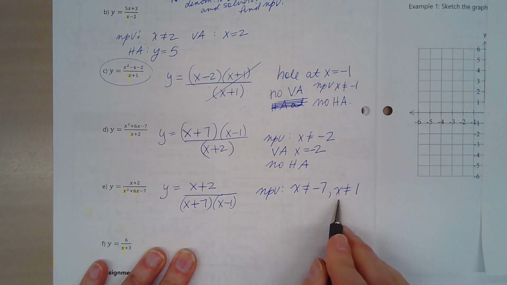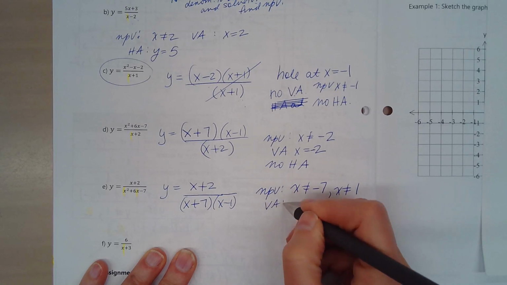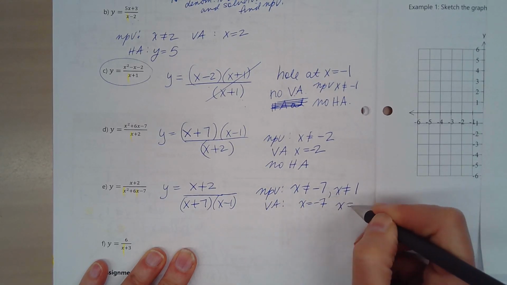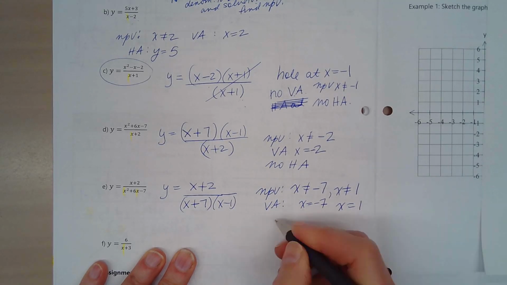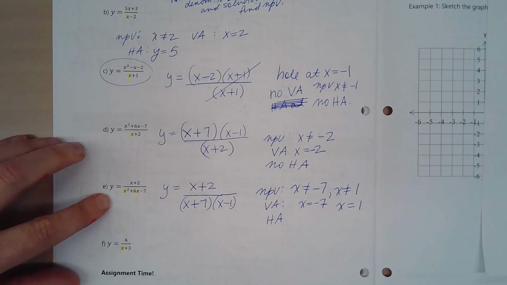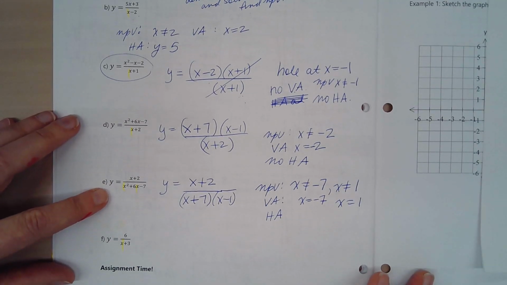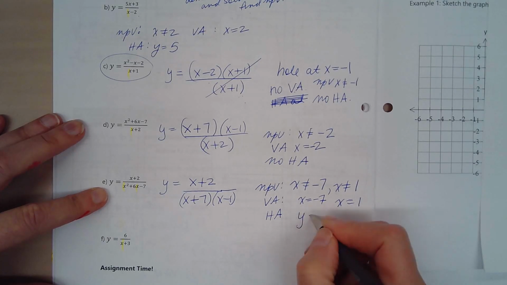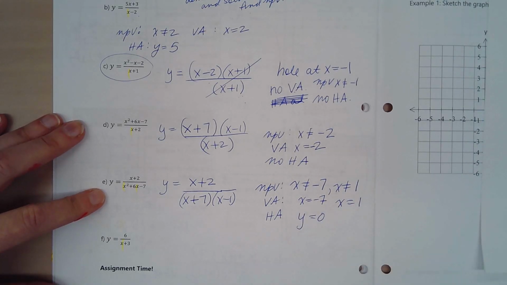These are both vertical asymptotes then, right? At x equals negative 7 and x equals 1. Is there a horizontal asymptote? Higher powers of x on the bottom, so what does that mean? y equals 0.